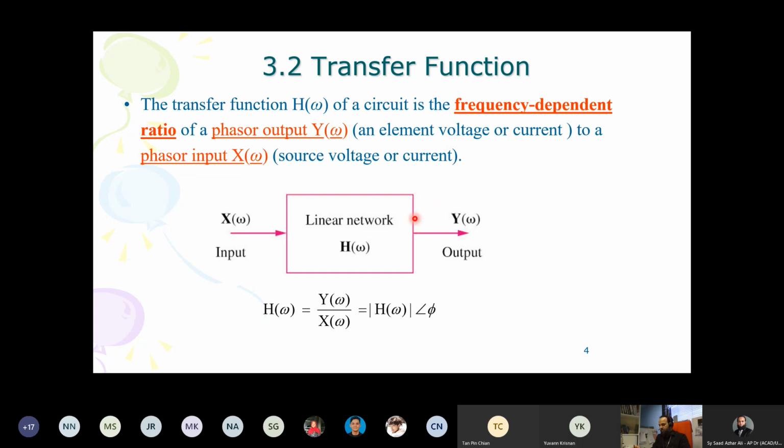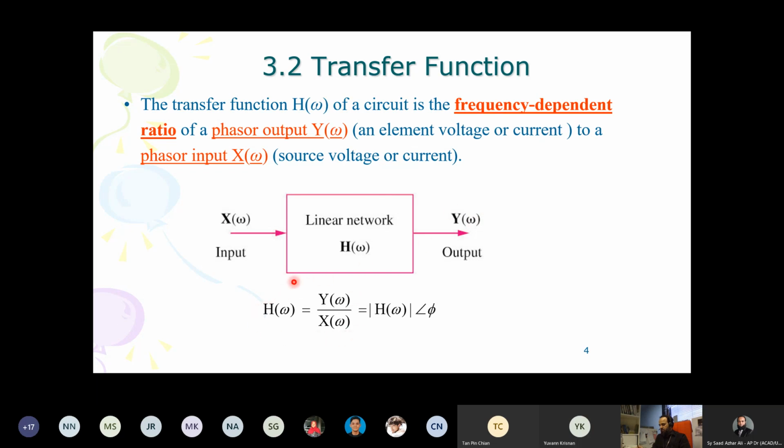So let's say there's a capacitor here and we're talking about the voltage of the capacitor, or an inductor and we're talking about the current of this inductor. All right. So it's a ratio of output and input in the frequency domain, and normally we're taking the voltage or current here or voltage or current here.